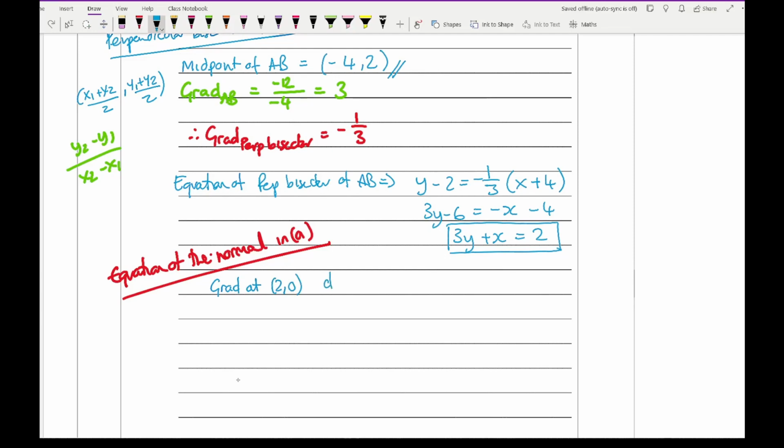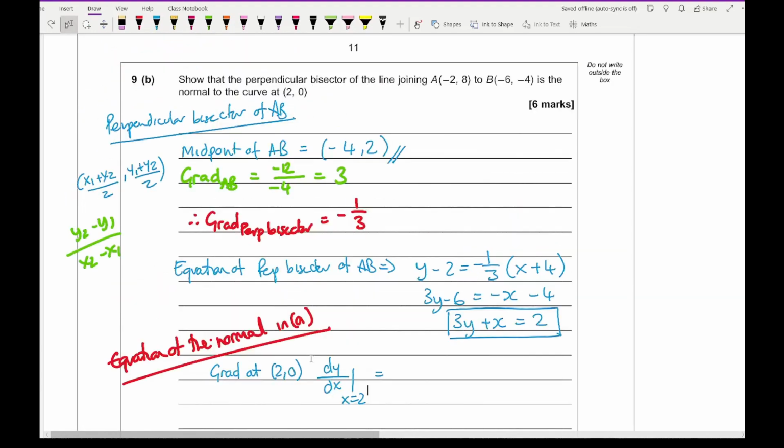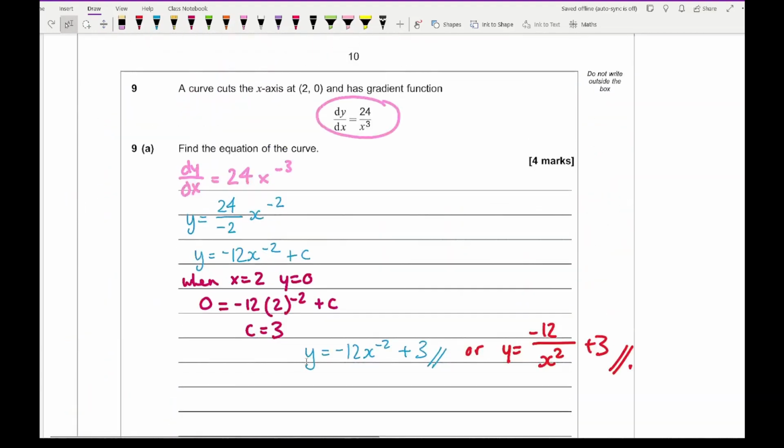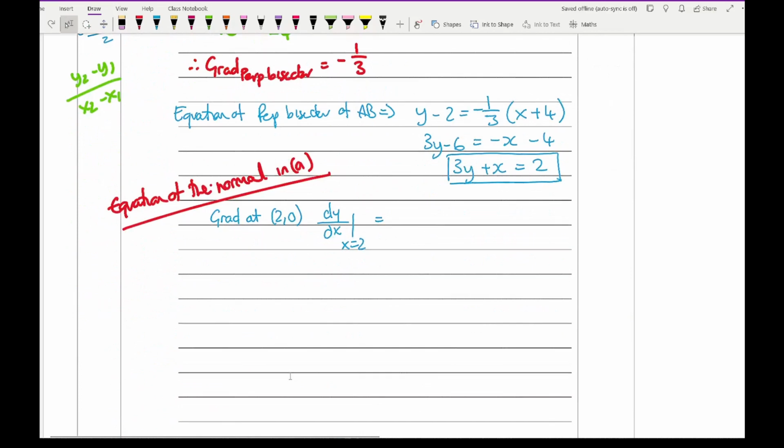So that's going to be dy over dx at x equals 2. So if I substitute 2 into my dy dx, which is given here, so it's 24 over x cubed, so that's going to be 24 over 2 cubed, which then gives me an answer of 3. Now this 3 value is the gradient of the tangent.